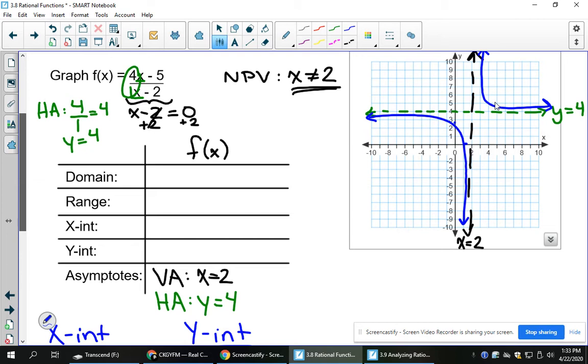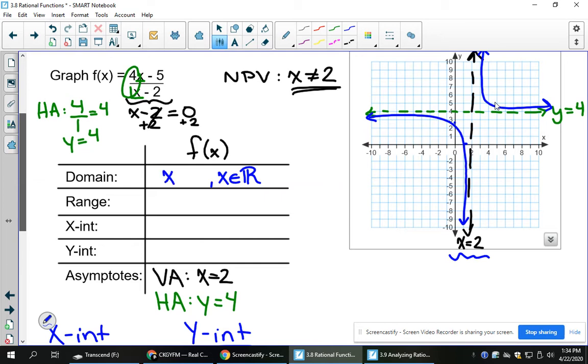Let's fill in the rest of this. It looks to me like this graph goes to the left forever and the right forever. So the domain is all real numbers except where we've drawn an asymptote. We've drawn an asymptote where x is equal to 2. Asymptotes are spots on the graph where the graph cannot live because it would mean division by 0.